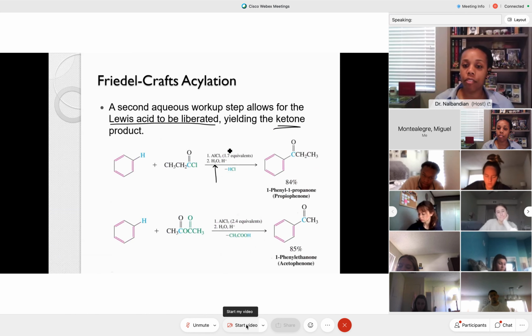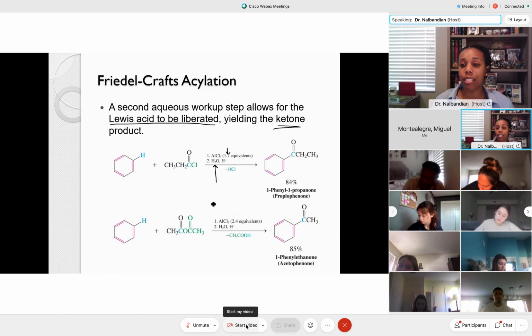So notice the equivalence. Not a catalytic amount. Catalytic amount would be just some mole percent of it, not 1-to-1. This is stoichiometric amounts of the aluminum chloride, and then we have to have a second aqueous workup step in order to get our ketone freed from the aluminum complex.